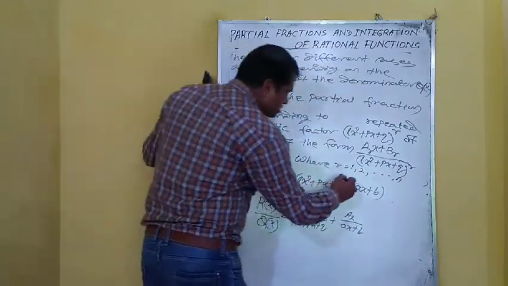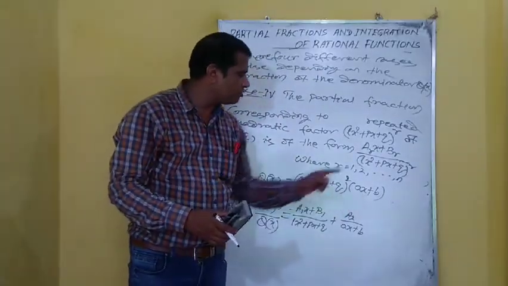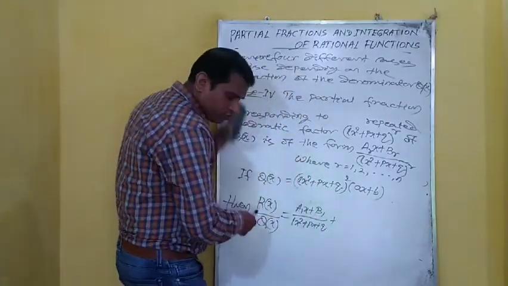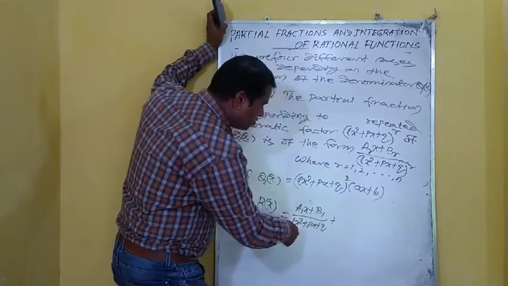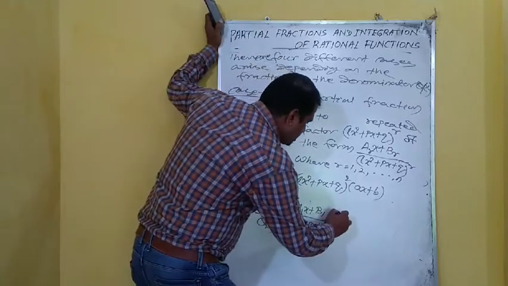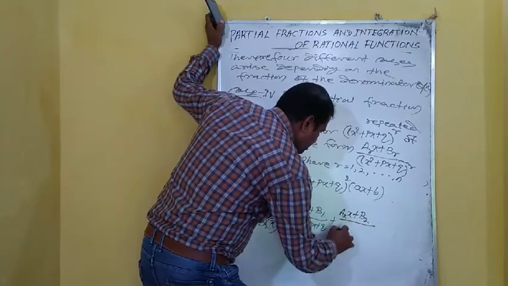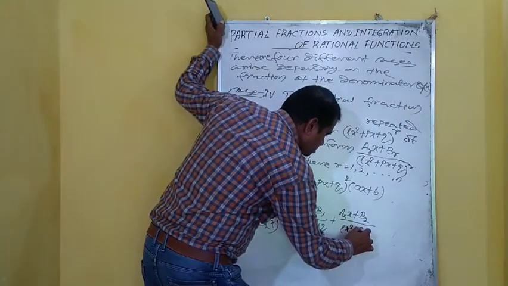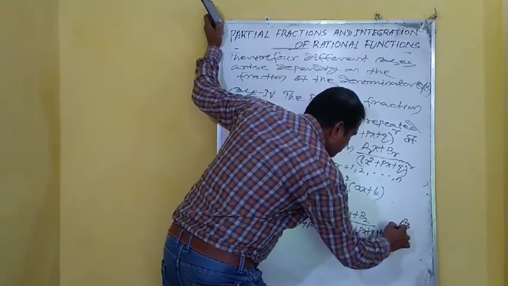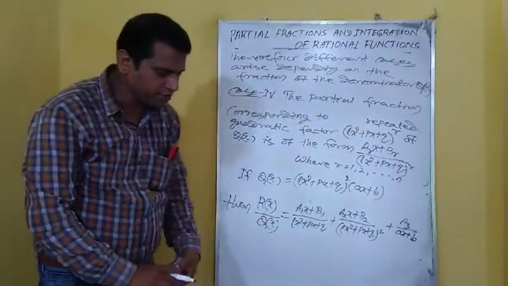So if q of x is equal to lx square plus px plus q whole square whole into x plus b, then we write r of x by q of x as A1x plus B1 by lx square plus px plus q and A2x plus B2 divided by lx square plus px plus q whole square plus A3 by ax plus b.